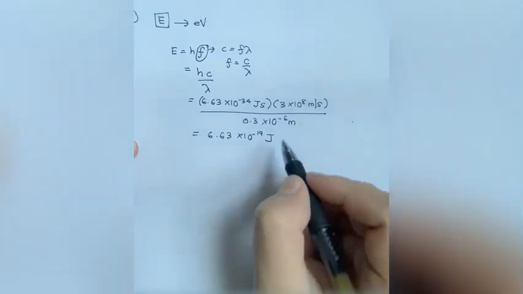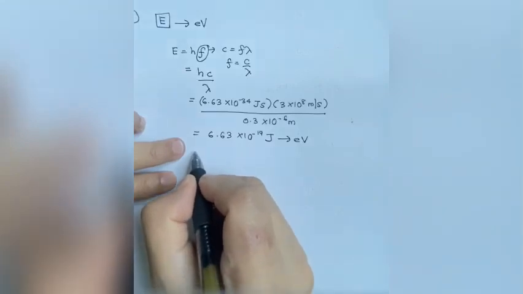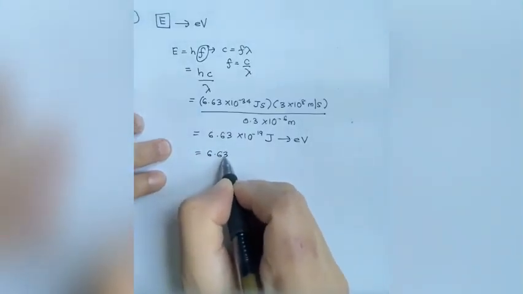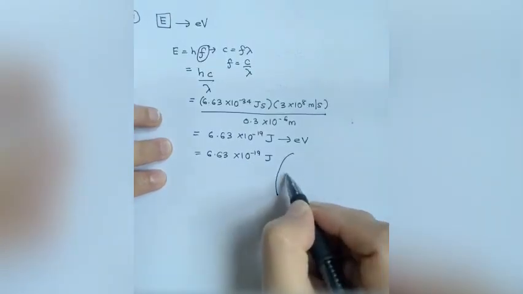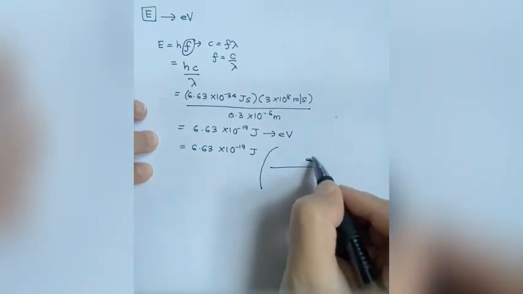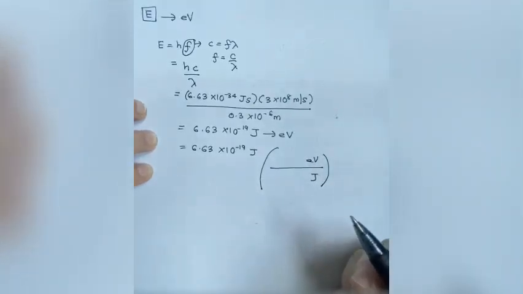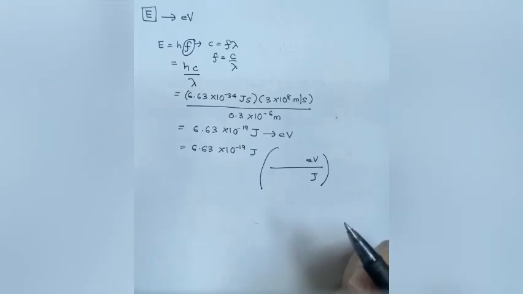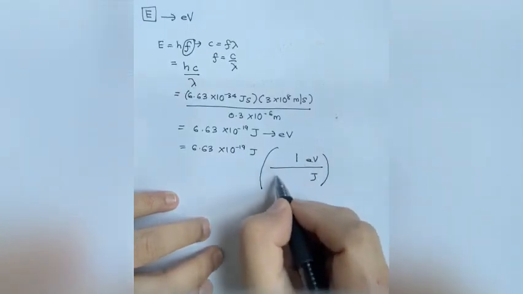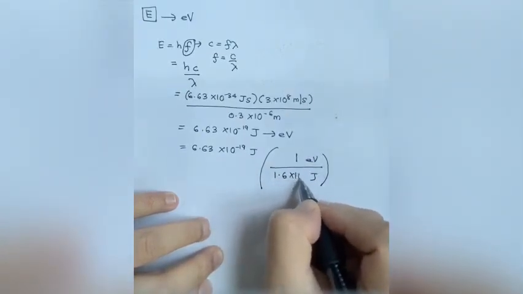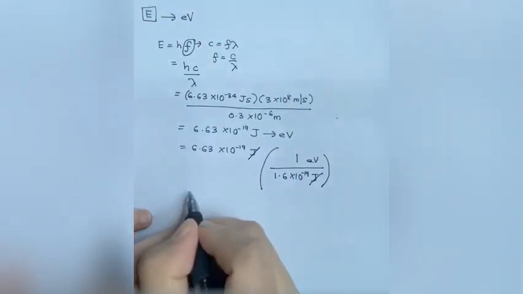Now you want to convert joule to electron volt. Remember again, 6.63 times 10 to the power of negative 19 joule. You want to convert this to electron volt, which means you want to cancel joule. You know that 1 electron volt is equal to 1.6 times 10 to the power of negative 19 joule, so joule and joule cancel out.